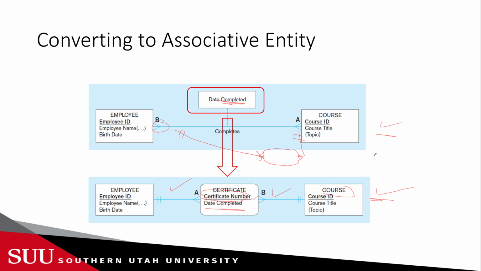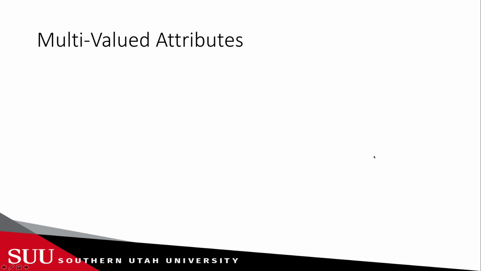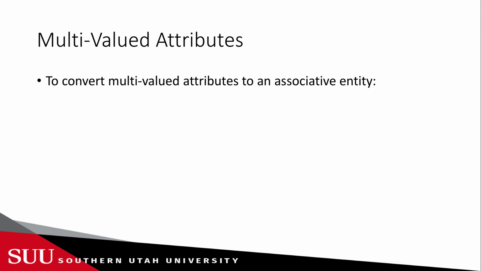So do we have other cases in which we will need associative entities? The answer is yes. So if we have the case of multi-valued attributes, now for multi-valued attributes, we cannot have them in the database as multi-valued attributes. They have to be converted to something else.